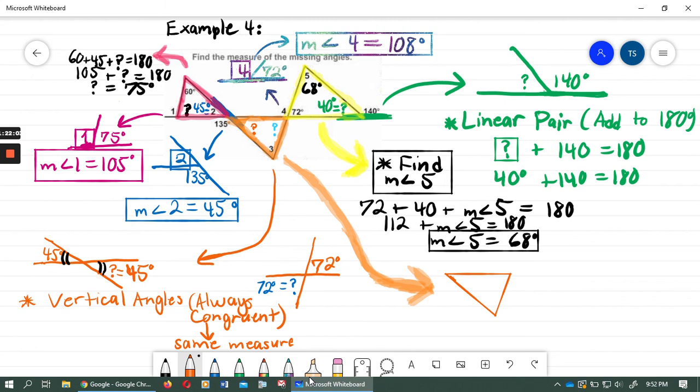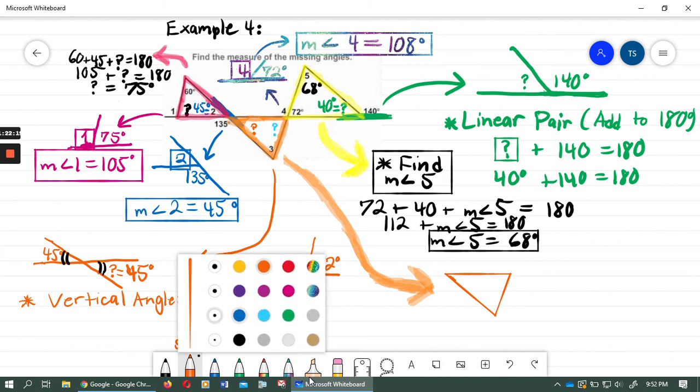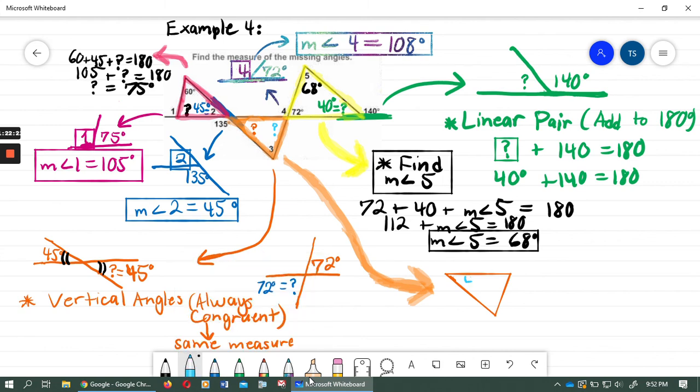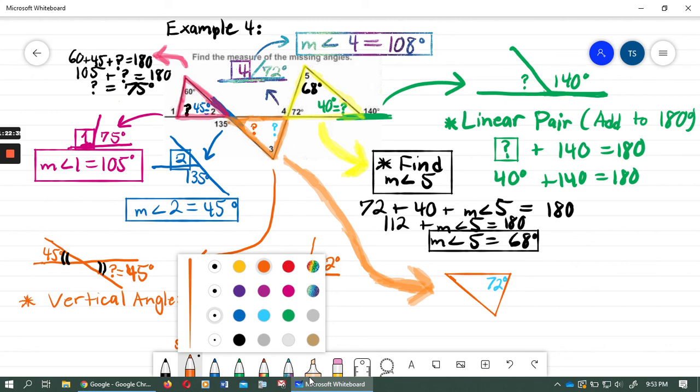Okay, so folks, in that orange triangle, now that we've got these two angle measurements, the 45 degrees right here, and the 72 degrees.